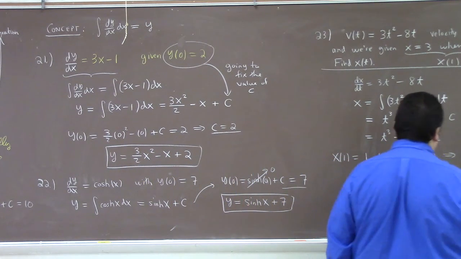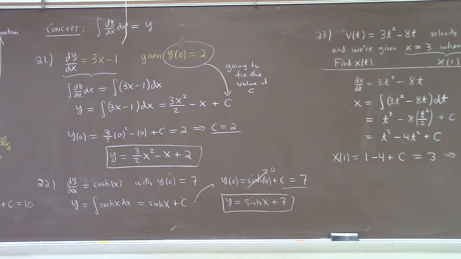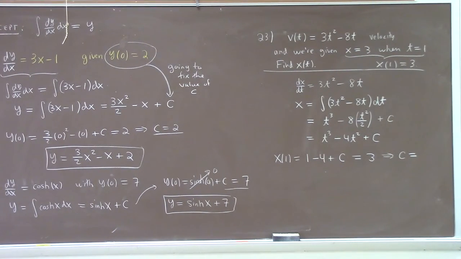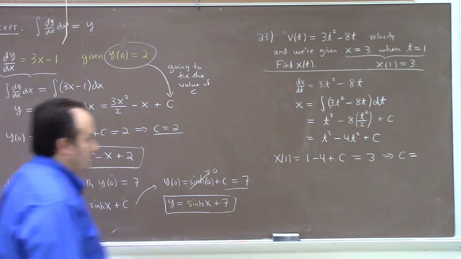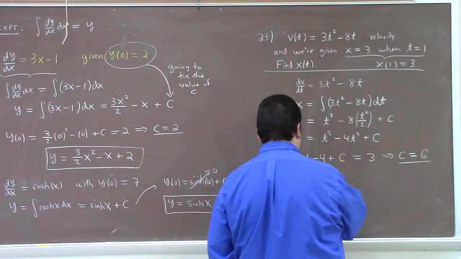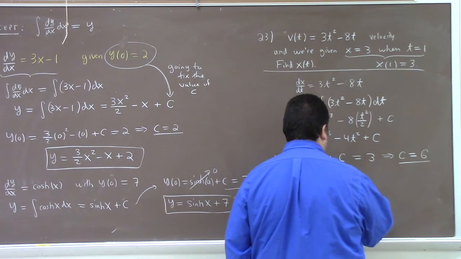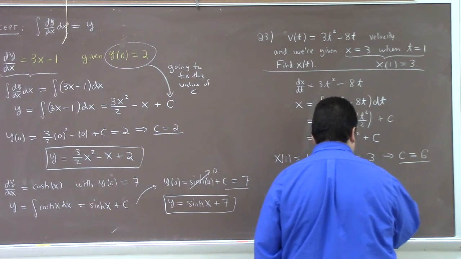What do you get? Yep, 6. C is 6. So then the answer, x as a function of time, is t cubed minus 4t squared plus 6.